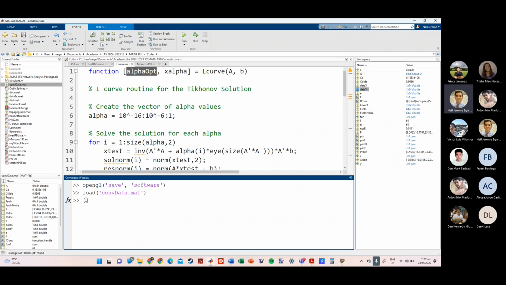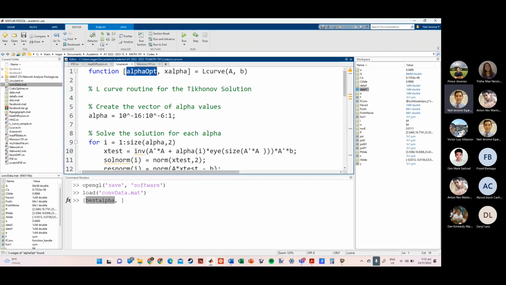Tawagin ko siya best alpha. Okay? So si best alpha, siya yung magiging first result ng L curve routine. Ang first result ng L curve routine ay alpha opt. So kung ano man yung alpha opt na masosolve dun sa loob ng L curve.m ay papangalanan niyang best alpha pag lumabas na siya ng function.